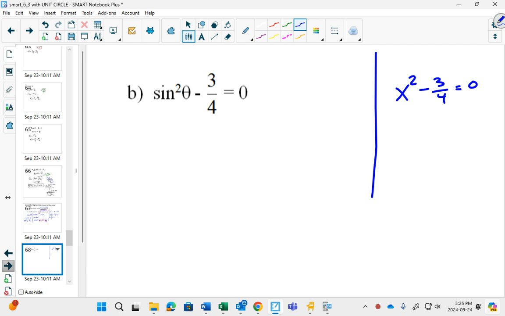Would you factor this one, or would you just get the x squared by itself? Yeah, probably get the x squared by itself. So I'm not going to solve that. Now that I have the idea from there, I'm going to get the sine squared by itself.